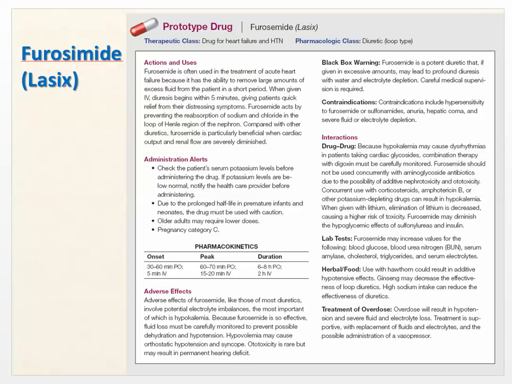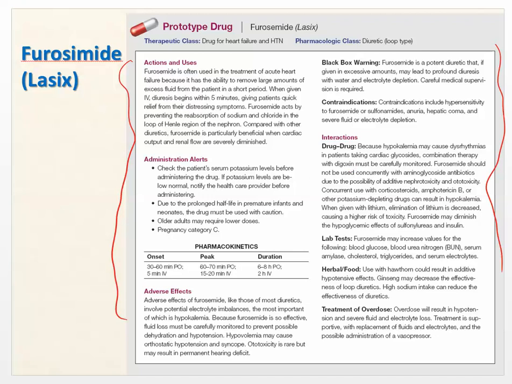I leave it in your slides, in case you want to print it off or something like that, you can. Like I said, I'm not going to go through all this, but you do have to know a lot of detail on these prototype drugs, including interactions, to the best that you can.